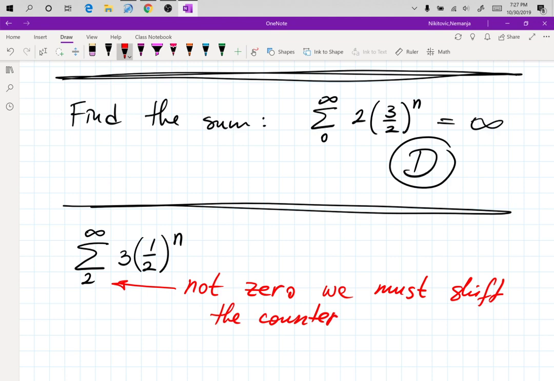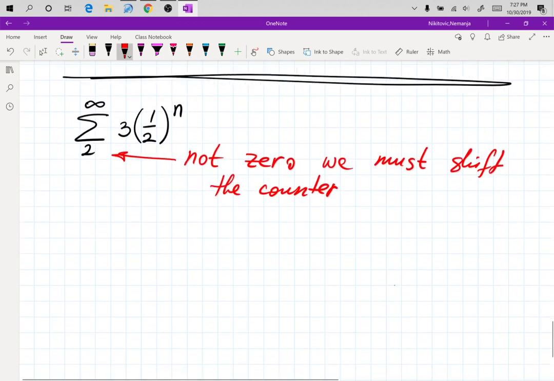Those of you going to differential equations next semester or the following or whatever, you must know this, because you will be shifting counters on power series to solve differential equations. So this is shifting on series. It works the same everywhere. So you must know this procedure.